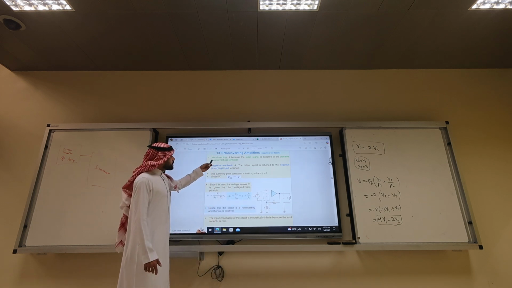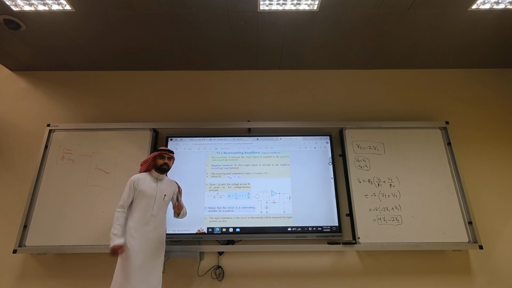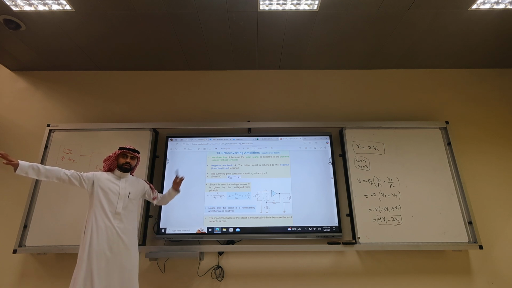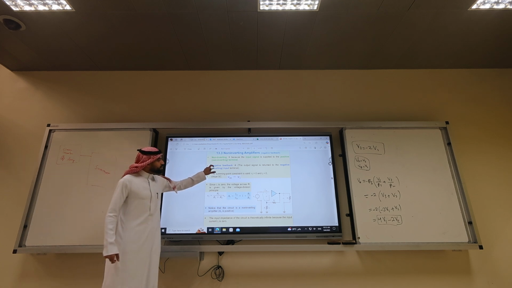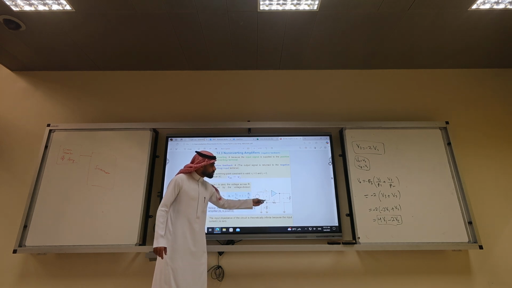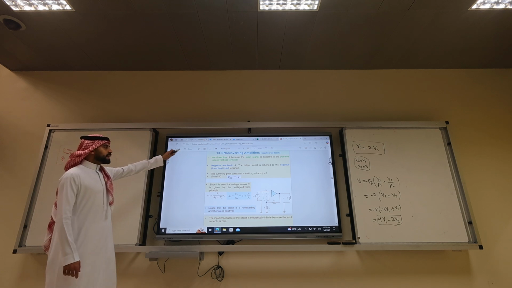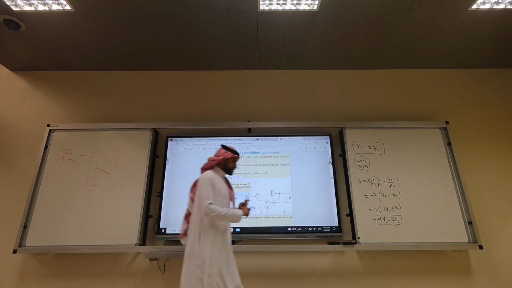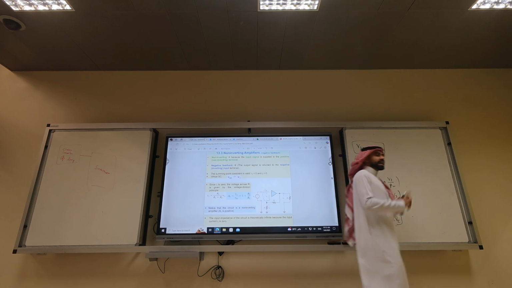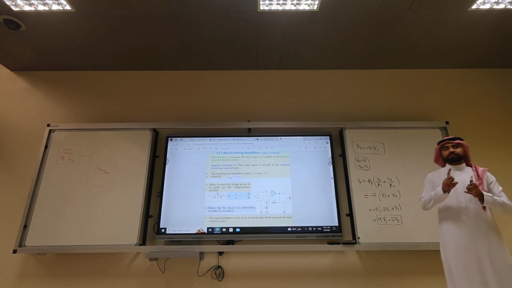It also has negative feedback, which is different from inverting and non-inverting. Negative feedback means part of the output is fed to the negative terminal. So non-inverting amplifiers have two features. First, the gain is positive because the input is fed to the positive terminal.